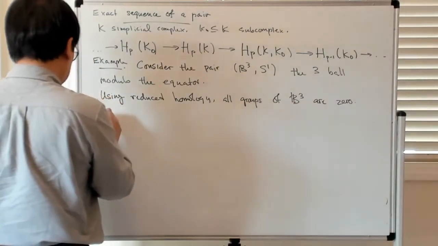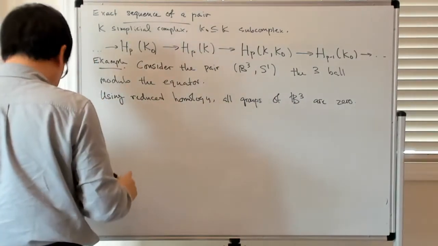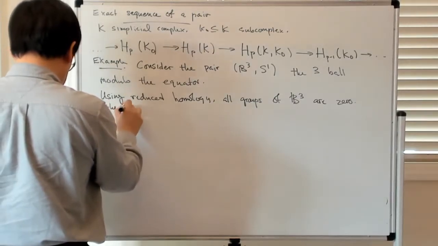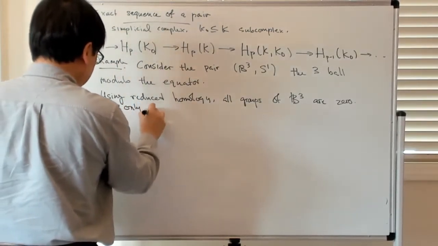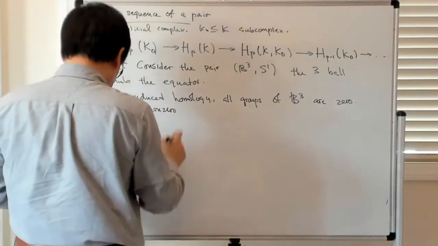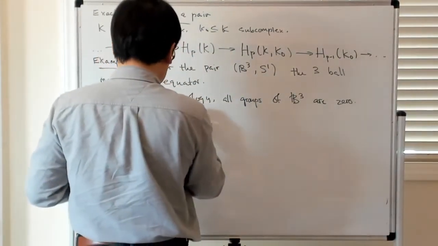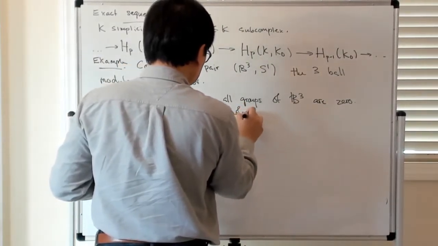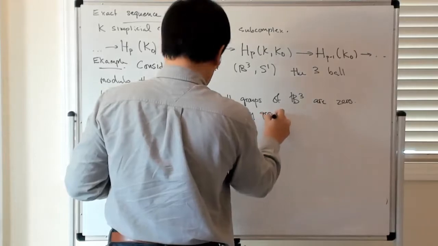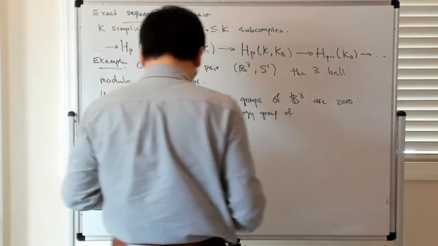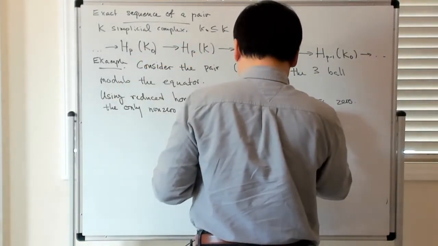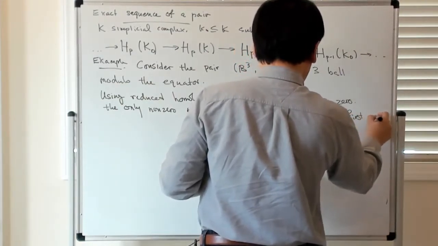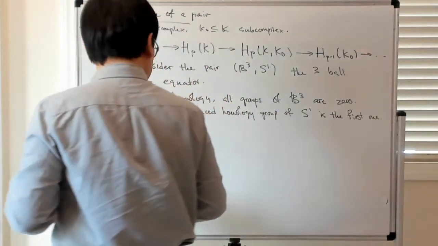And similarly, with respect to reduced homology, the only non-zero reduced homology group of S1, right, is the first one, which has rank 1.